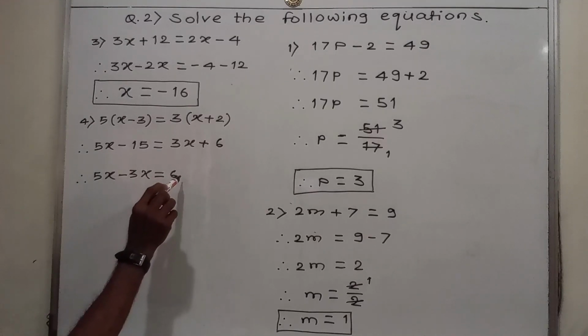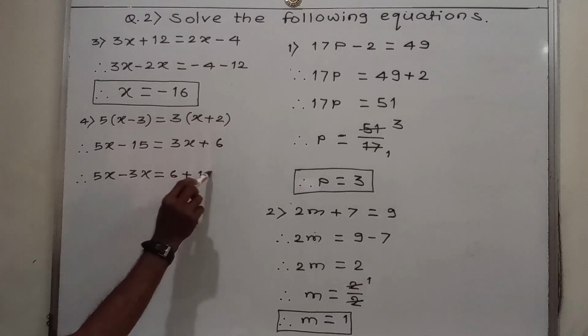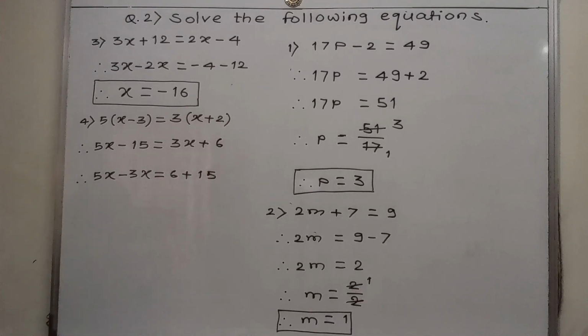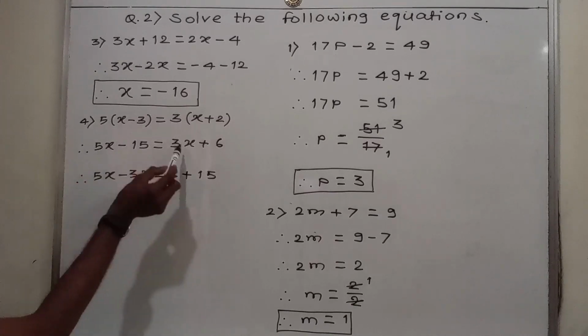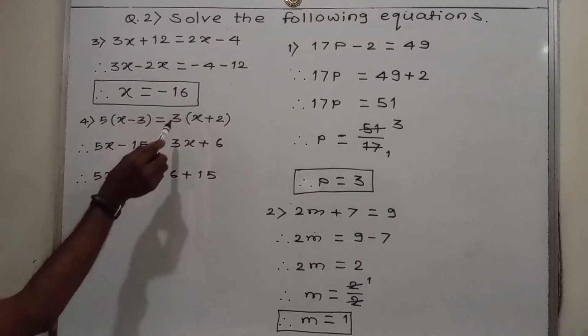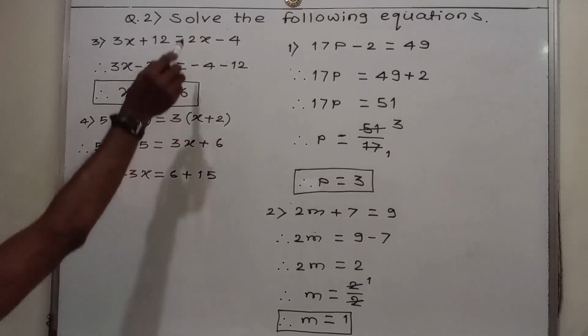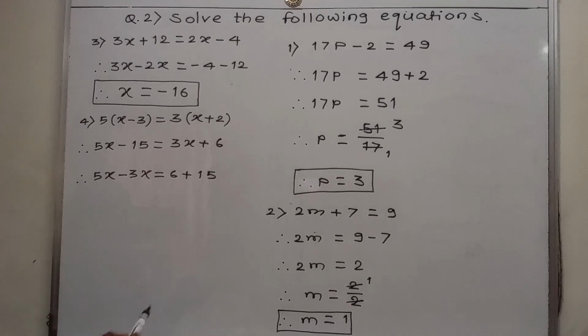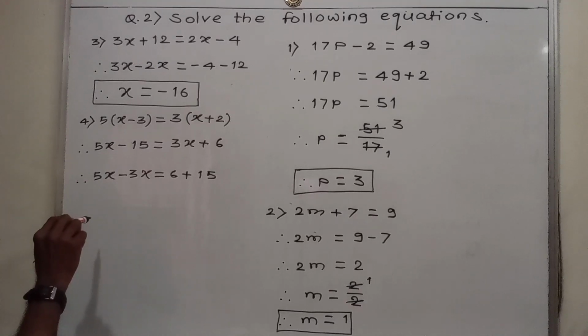Very good. We take like terms together, but like terms with variable are very important, because we want the variable positive. So always take the smaller one near the bigger one.